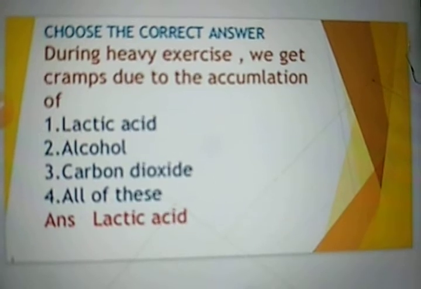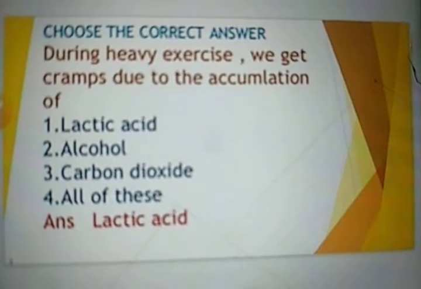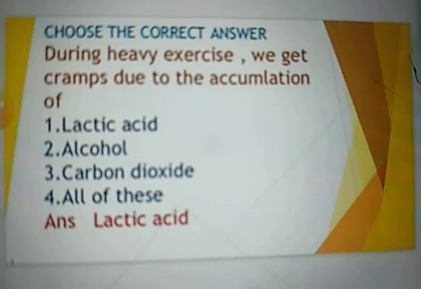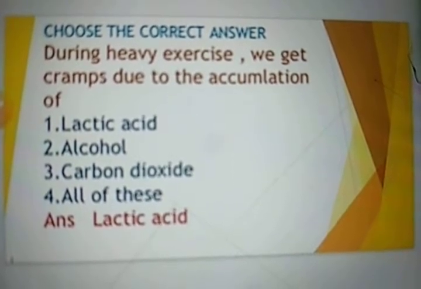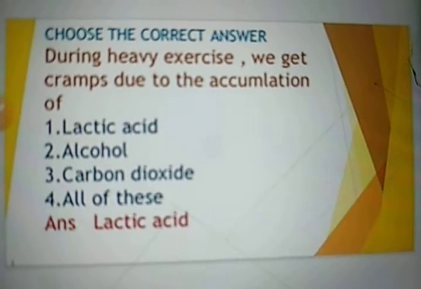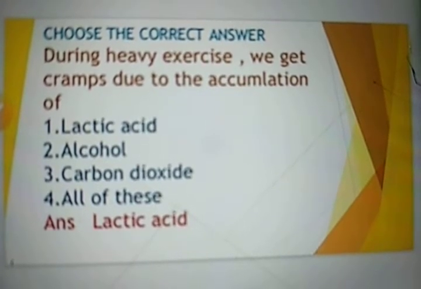During heavy exercise we get cramps due to the accumulation of lactic acid, alcohol, carbon dioxide, or all of these. Children, as you know, it's lactic acid.